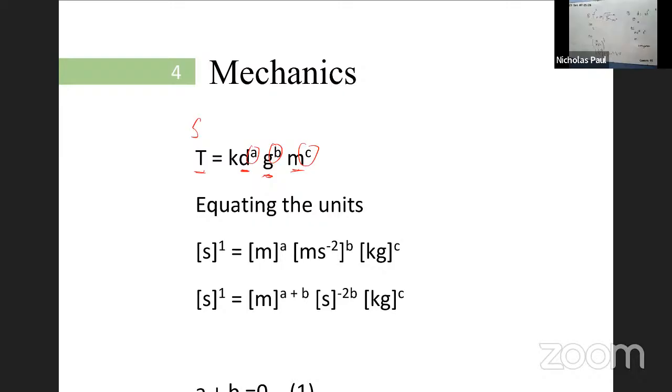Are you okay with that? And why do we have K? In case there's a constant. So let us go over it one more time. The question said that period is dependent on length, so I'm using the letter T. I shouldn't use proportional because I'm not sure if it's directly or inversely.